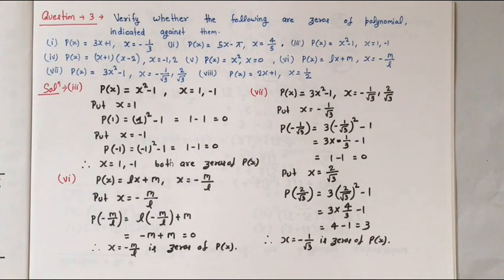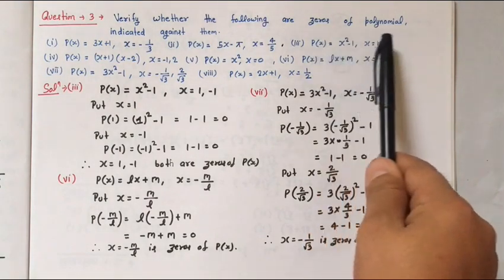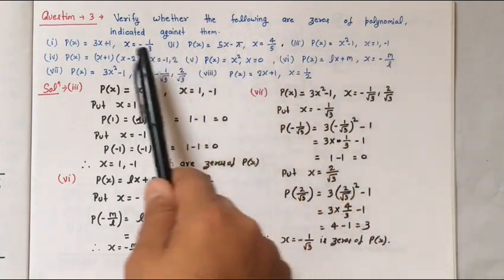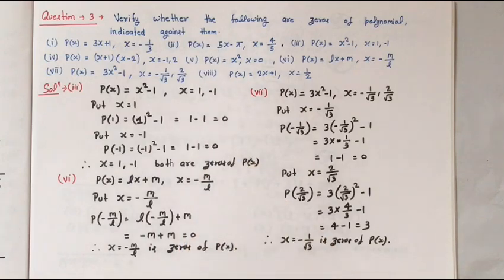Verify whether the following are zeros of the polynomial indicated against them. The question is saying that you have to verify whether the value indicated against the given polynomial is a zero of the polynomial or not.